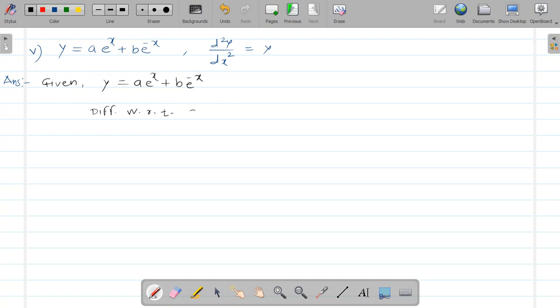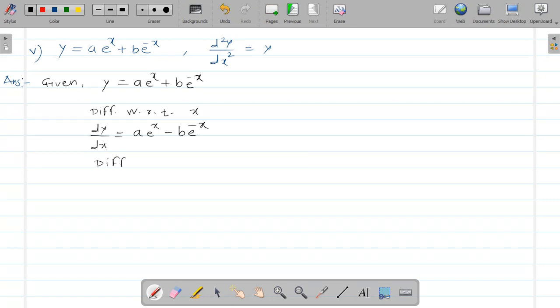So see the differentiation here, we get dy by dx. Now the derivative of a into e raised to x: a as it is, derivative of e raised to x is e raised to x, plus b as it is. Now the derivative of e raised to minus x is minus e raised to minus x, so minus b e raised to minus x. Now again we have to differentiate this with respect to x.